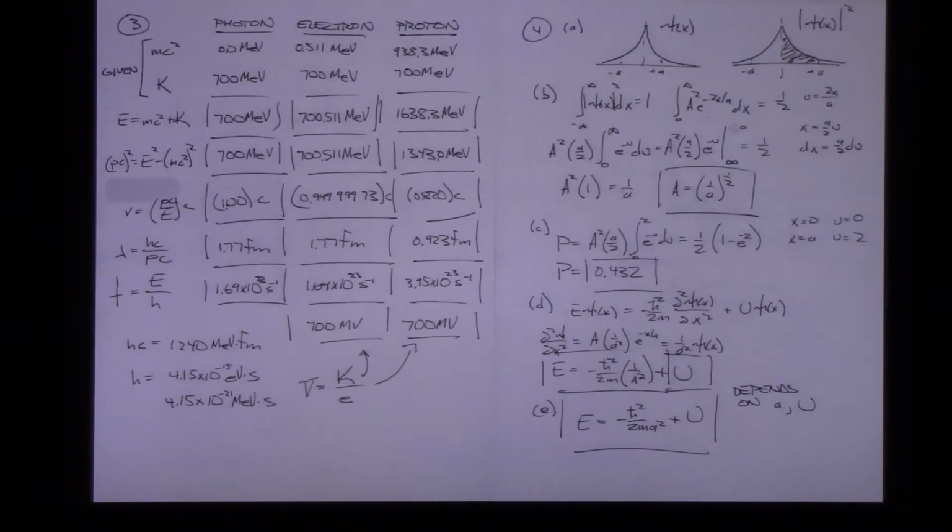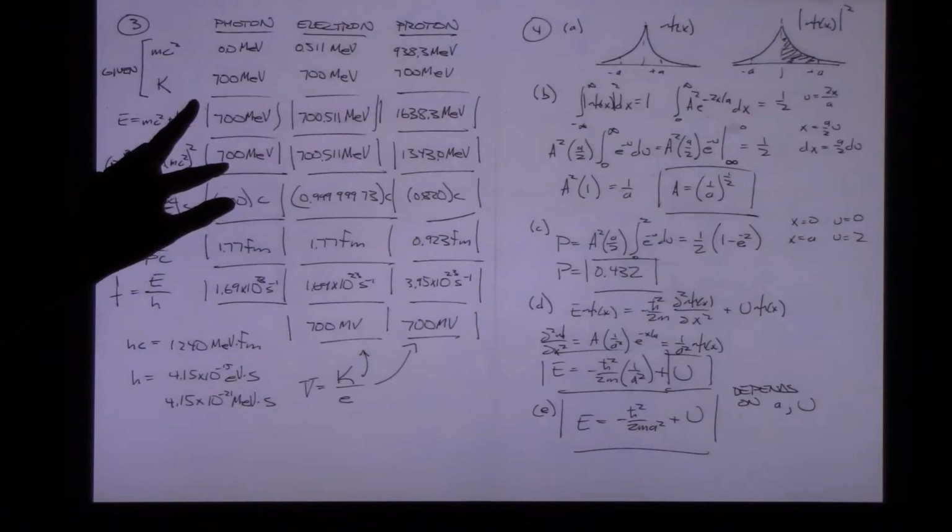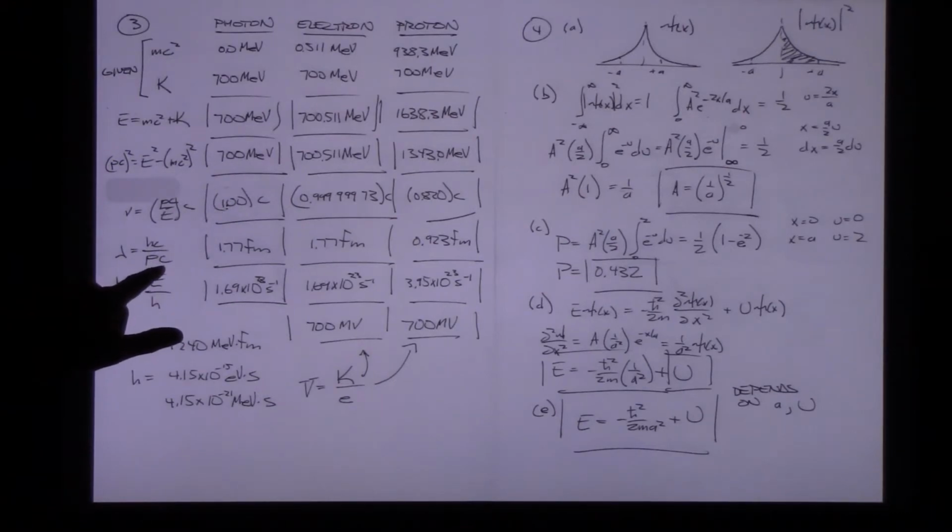So for a massless particle, it doesn't make any difference if I put pc or E in here because they're the same thing. But that's only true for a massless particle. So the general formula for wavelength is hc over pc. I've got to be using pc in that denominator. So I did that for the photon, and I got 1.77 femtometers.